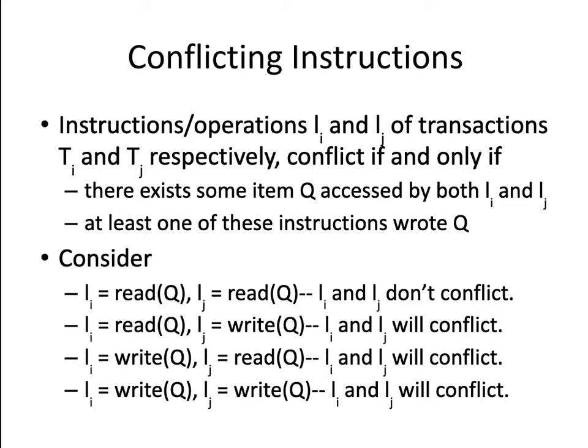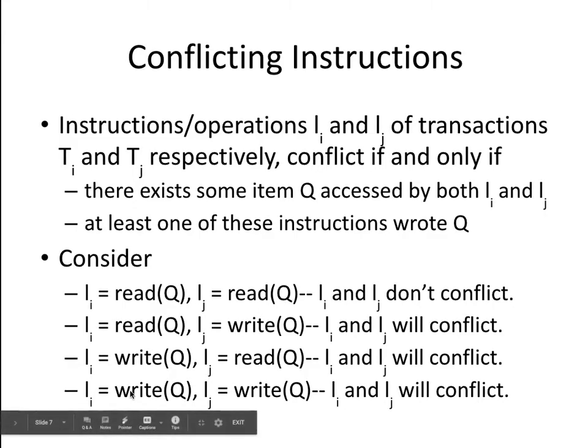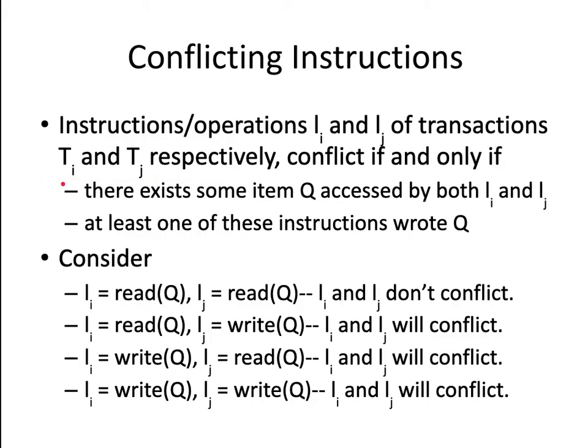But how will they create a problem when the instructions are from different transactions accessing the same item? In which case could we say that those instructions or operations are conflicting? As shown here, Ti is, suppose, T1 and Tj is T2; these are simply the names of the transactions.